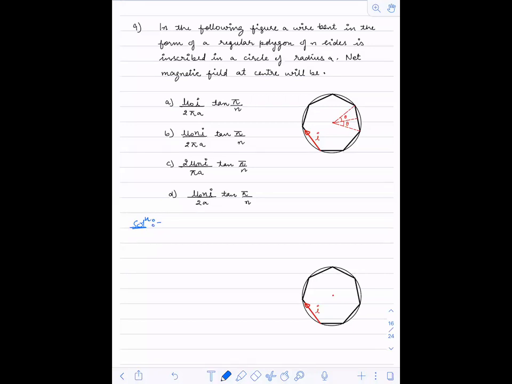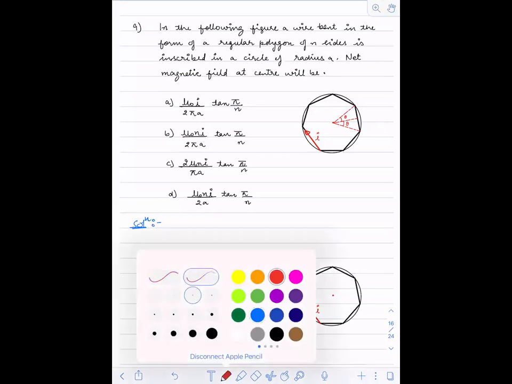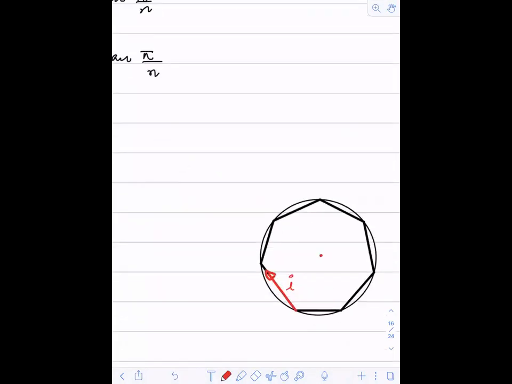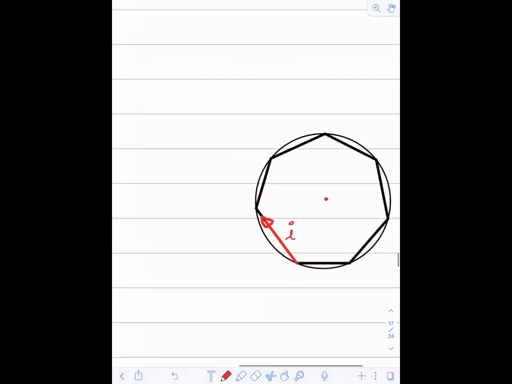So you cannot write 360 divided by 9. You have to do 360 divided by number of sides. Okay. So just see here, if I assume this angle, this one as well as this one as phi.